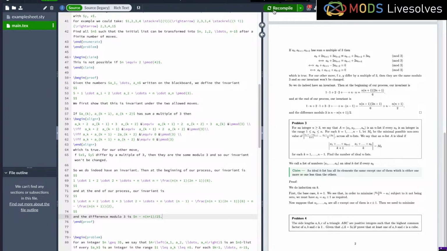I think we have to say something stronger than p divides a3. We have to say that the powers of p occur in multiples of 3. You can just prove it all together, I think.